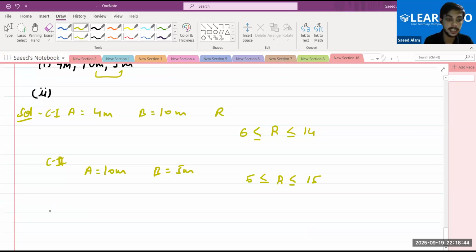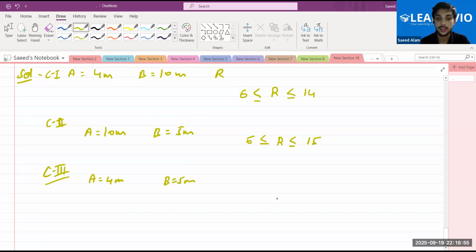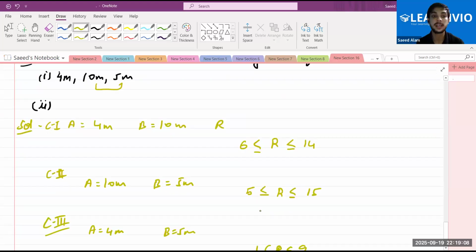So what is the third case that we can take? I can choose A to be 4 meter and B to be 5 meter. Yes or no? Yes. Now the resultant R will lie in between 1 to 9. Okay, so can we make the 10?